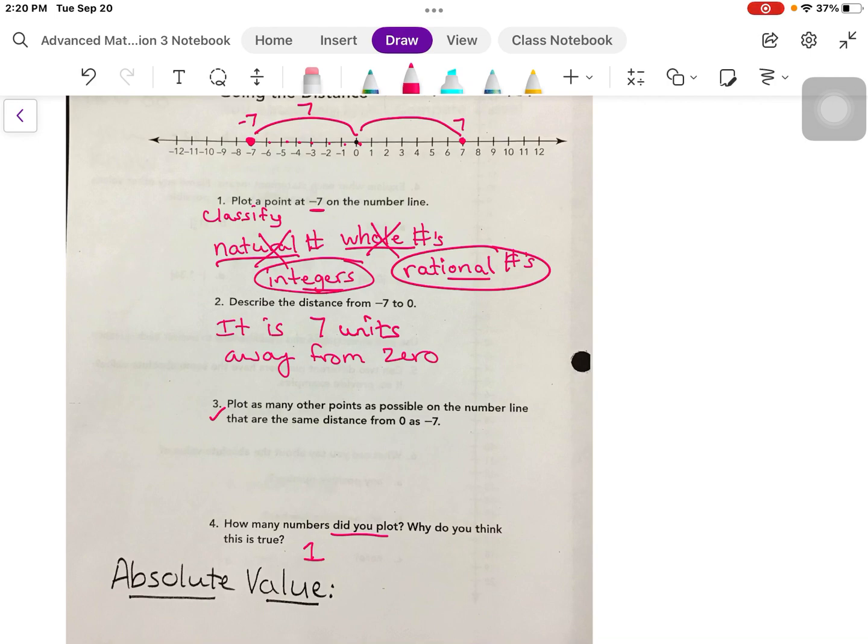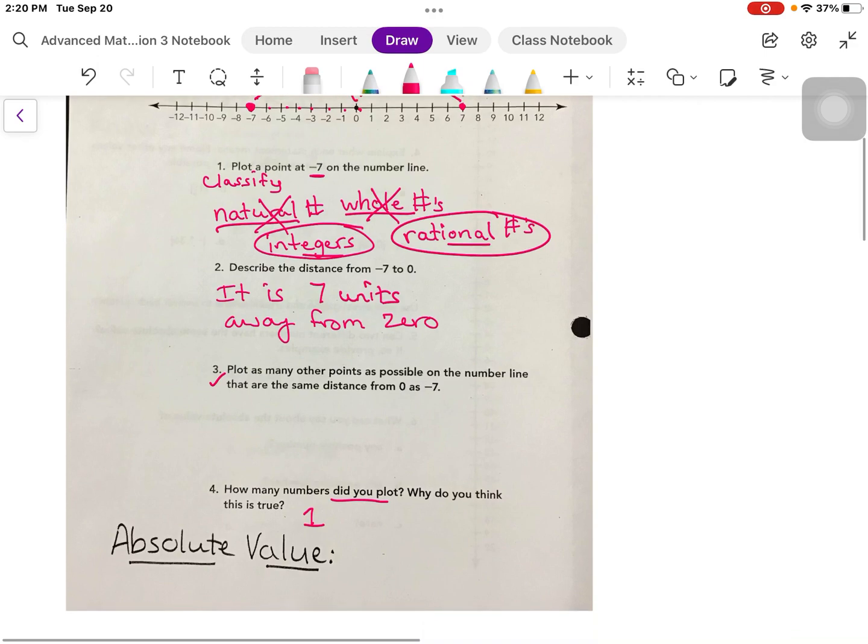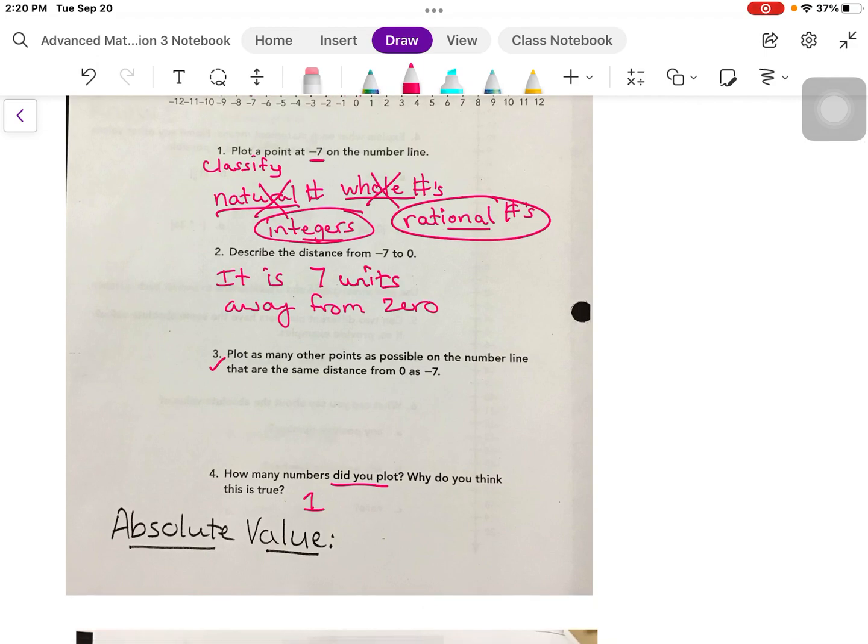Why do we think this is true? Write down what you think. We plot only one other number because it's the opposite.